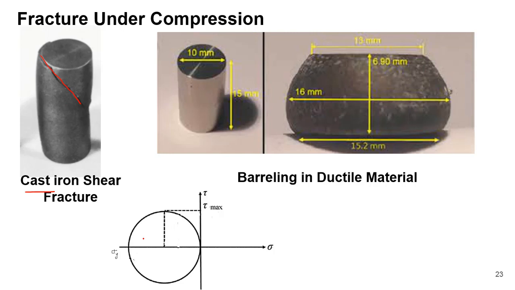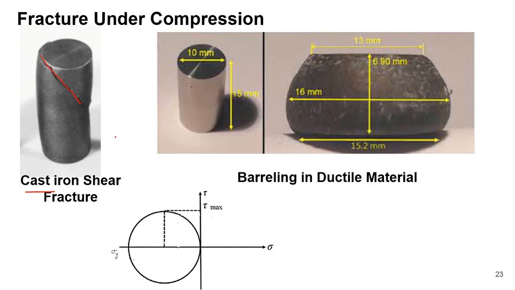So if you draw the Mohr circle under compression, you see that when a uniaxial compressive load is applied, there is no region where tensile stress is present, and you know that brittle materials are weak in tensile stress. They cannot handle tensile stress, but there is no region where tensile stress is coming.